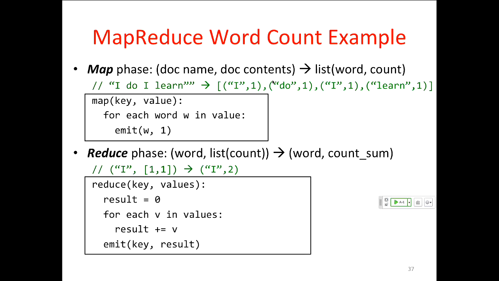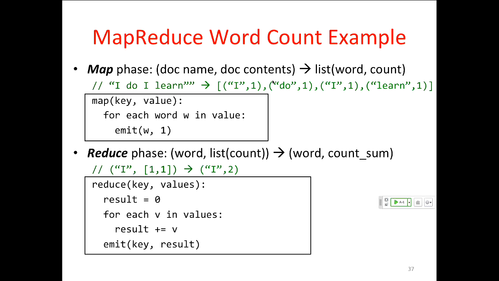Here in map, for each word, it generates a word and count value. So here this is the count value for each word. We are only looking at one word in the map phase, so it generates a pair of word and just one here. However, in the reduce phase, we actually calculate the word count.